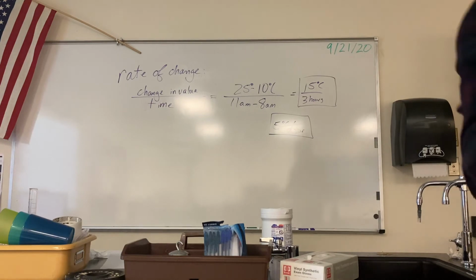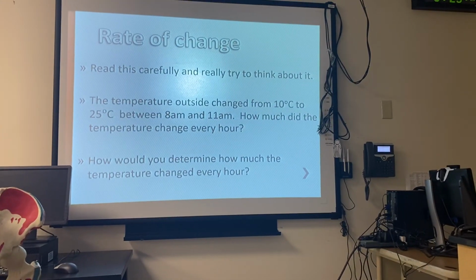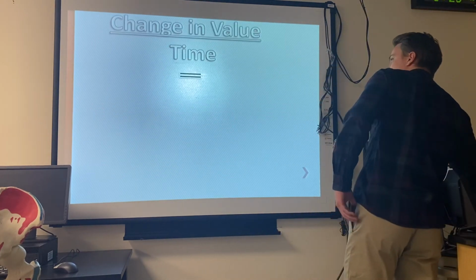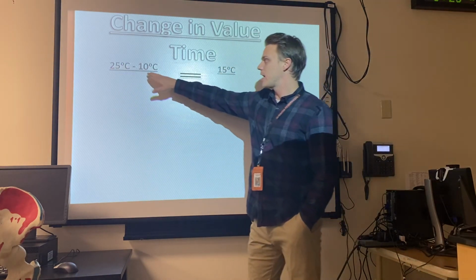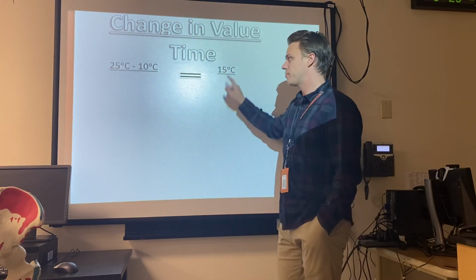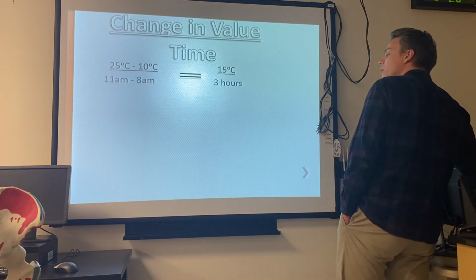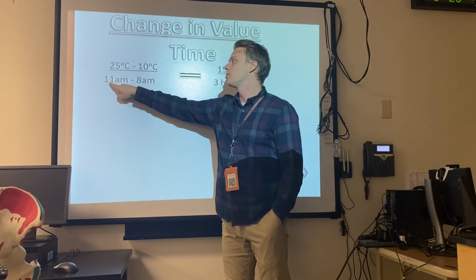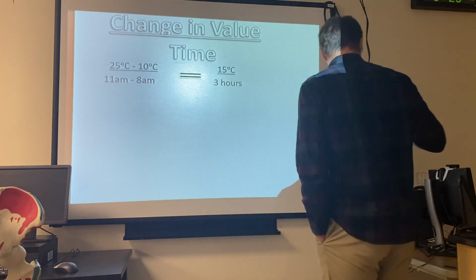Let me show you a little bit of a graphing representation of that, and then we'll be all set for you to complete the activity. The temperature, 10 to 25 degrees Celsius, was a change of 15. So we did the subtraction, and then we set up the bottom. We do subtraction again. The time changed from 8 a.m. to 11 a.m. So 11 minus 8 is 3, and that sets us up with the fraction we just saw on the board.